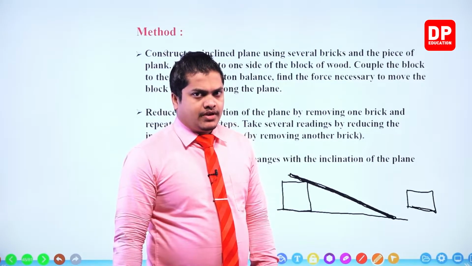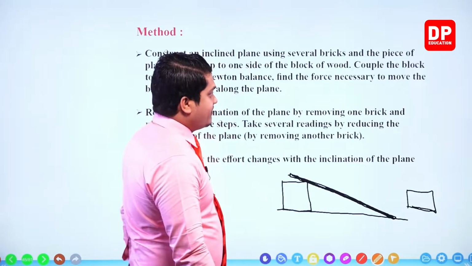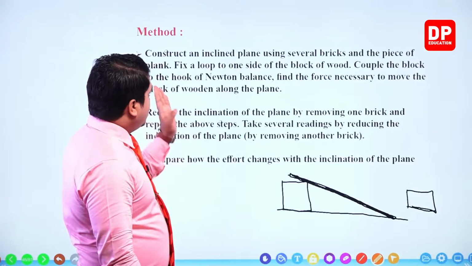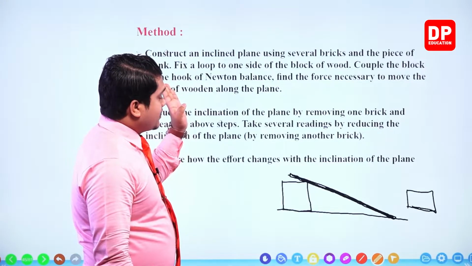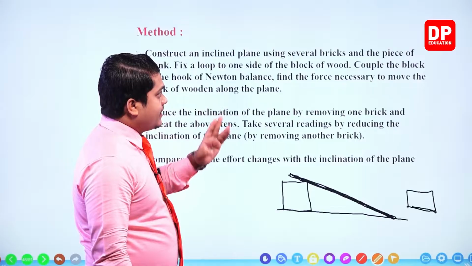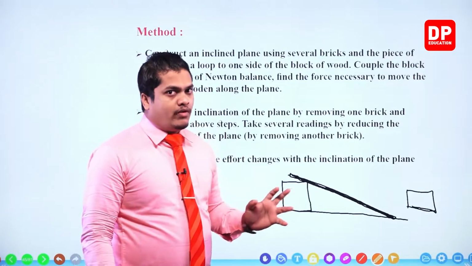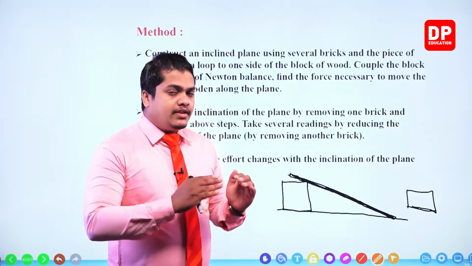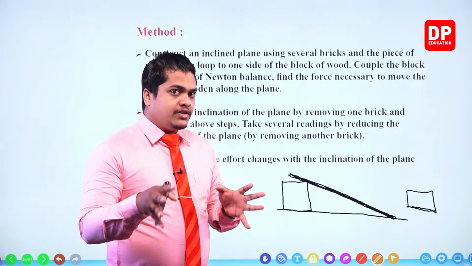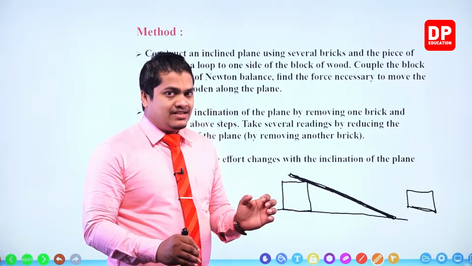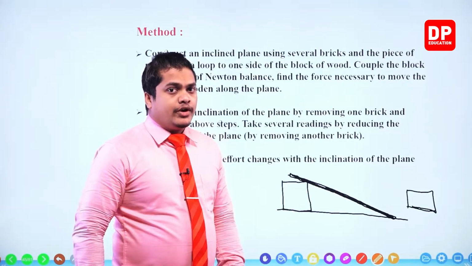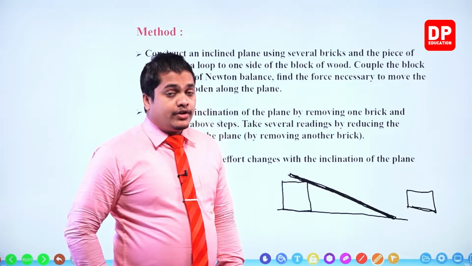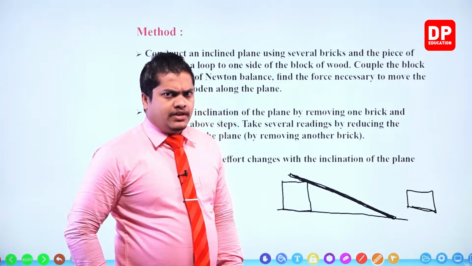No problem in it. Okay. Now here specifically they have mentioned that you have to construct the inclined plane using the bricks and the piece of plank. But however, you can utilize the wooden log and the wooden plank, and you can use that brick or the other mass as the object that we are going to lift. Okay, no problem in it.